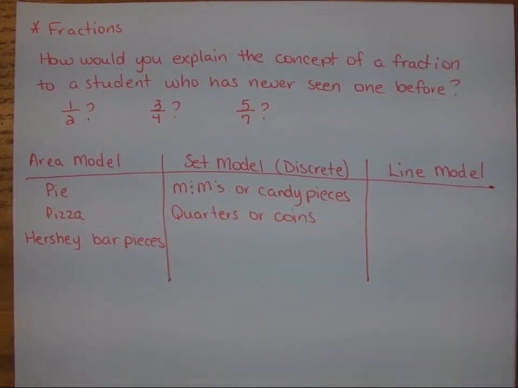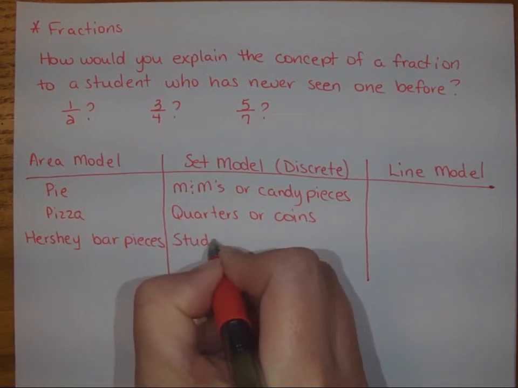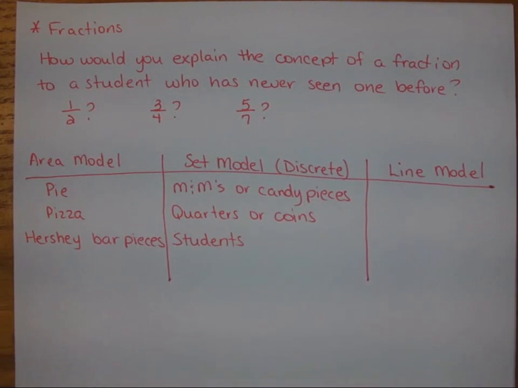We wouldn't, in this case, really be talking about the value of money. We would just be talking about, you know, I have a set of 10 coins and what would half of those be. But you can also use your students. For instance, if you have 20 students, you could partition or split them up into groups and talk about different fractions there. And so again, there's many, many different examples. I'm just putting some of the more common ones.